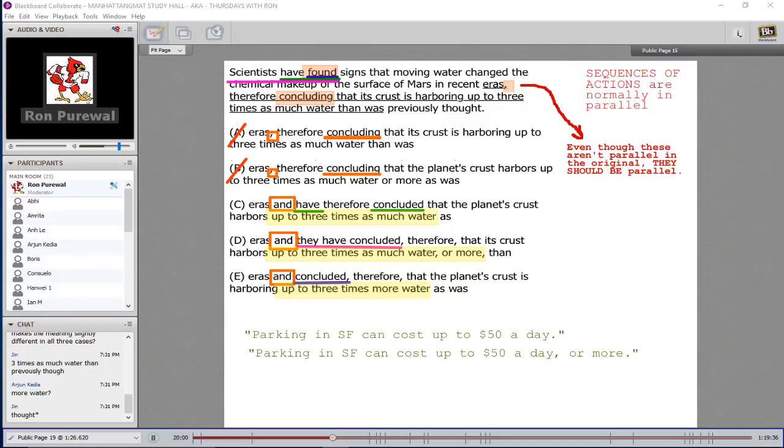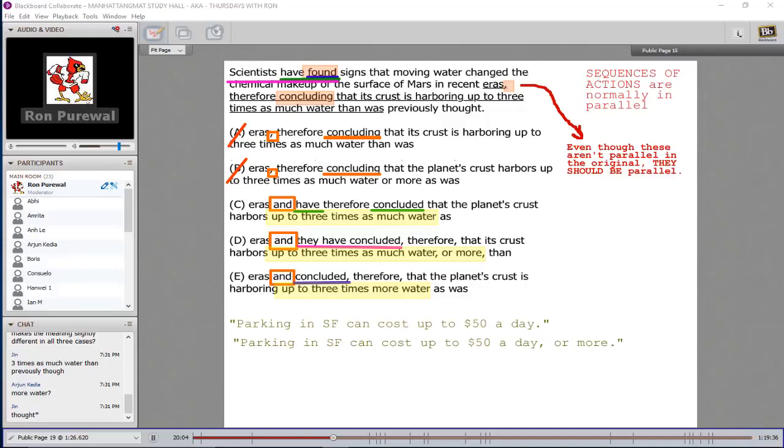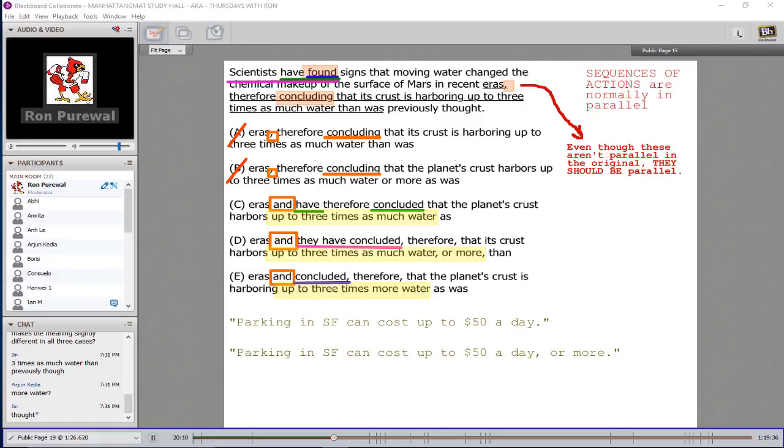Do you guys see what the problem is there? Can anybody explain in the chat box? Why is it a bad sentence? It's not really that it's nonsense. It's because it's not nonsense, but it's.